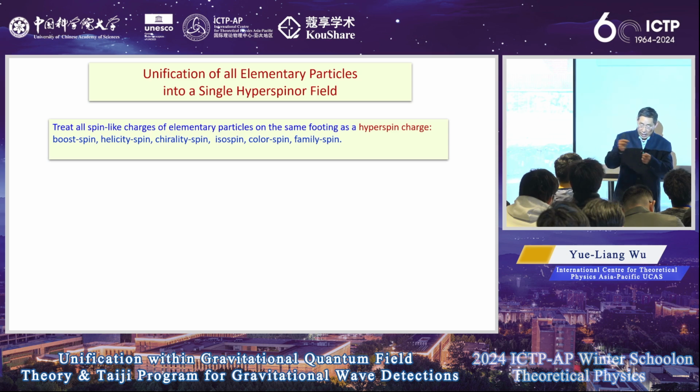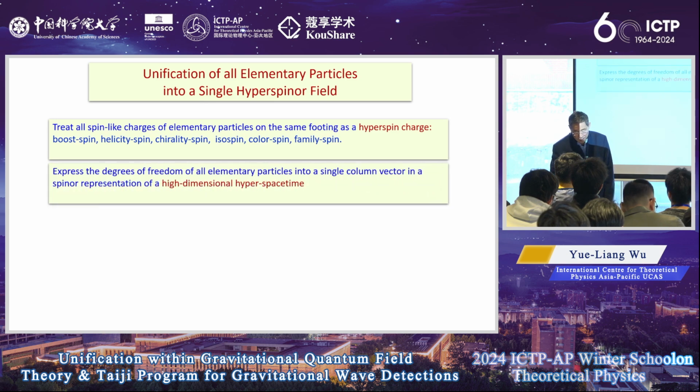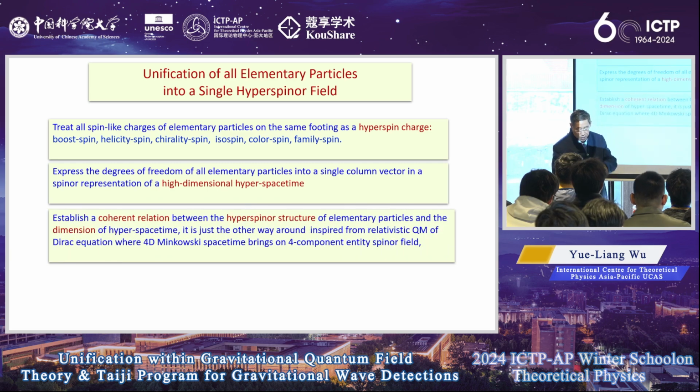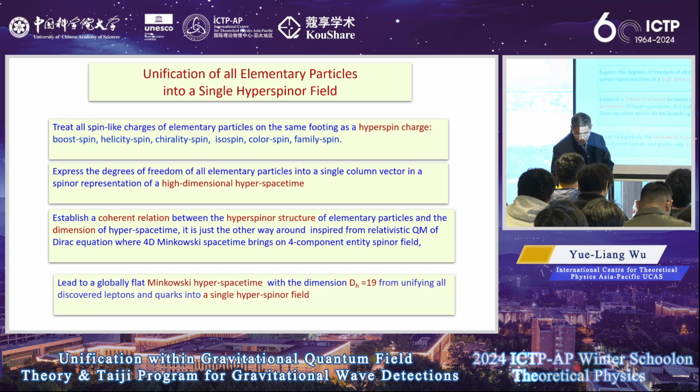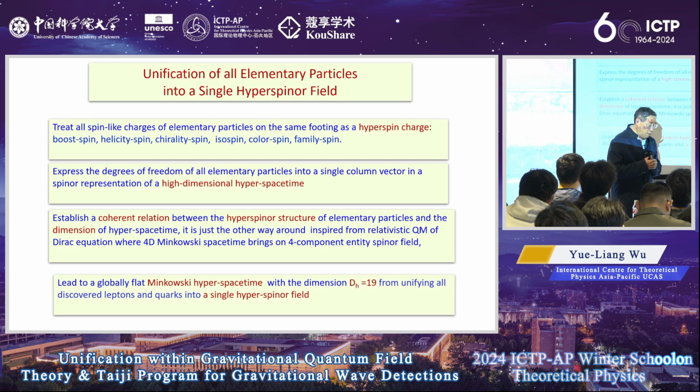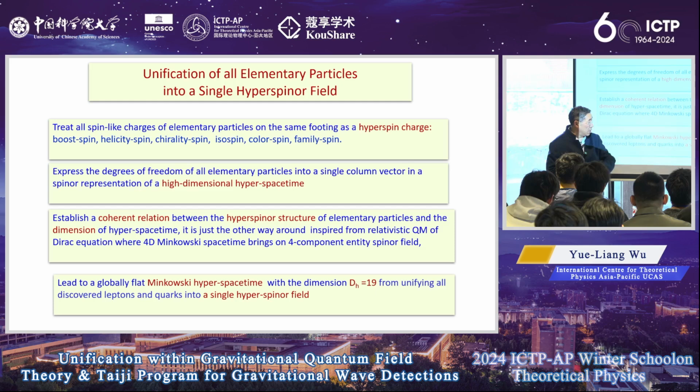That means we go the other way around from the Dirac equation. Eventually, when you combine all these independent degrees of freedom as a single field, unifying all the elementary particles as one particle, and you ask in how many dimensions of space-time it can move, we found that at least we need 19 space-time dimensions.